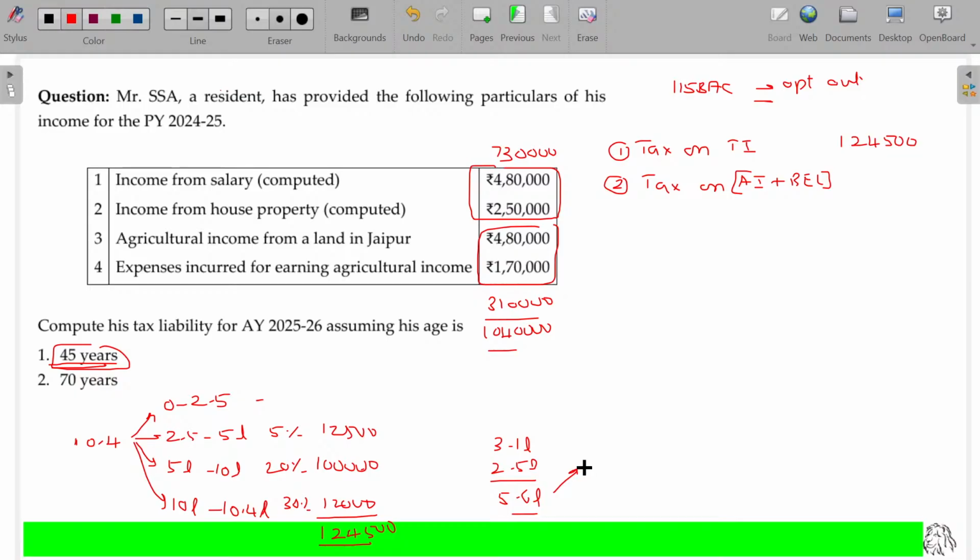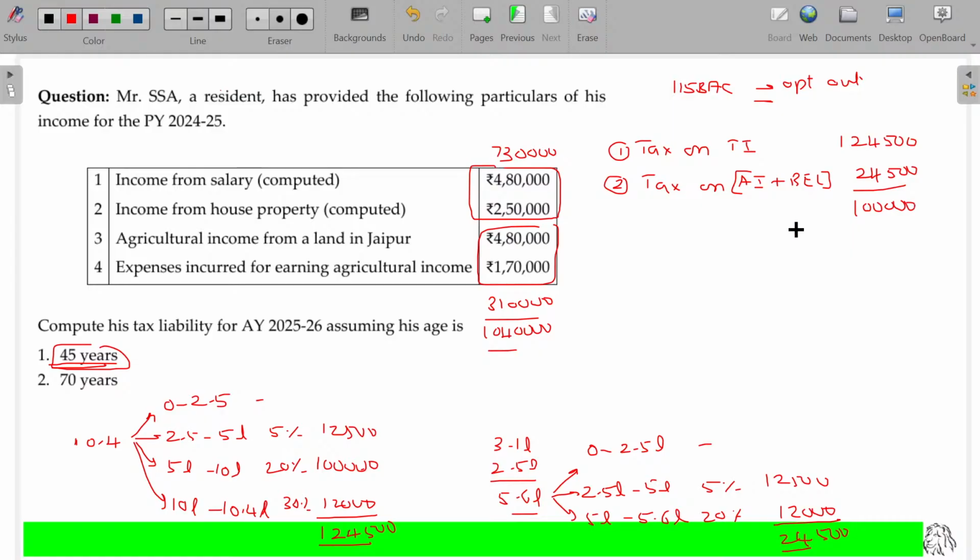In that 5.6 lakhs, up to 2.5 lakhs, nil. 2.5 lakhs to 5 lakhs, 5%, which is 12,500. 5 lakhs and above up to 5.6 lakhs, 20% will be applicable, which is 12,000. Total value being 24,500. If I subtract this value from the earlier value, the tax payable is 1 lakh, and add health and education cess at the rate of 4%, 4,000. So 1 lakh 4,000.